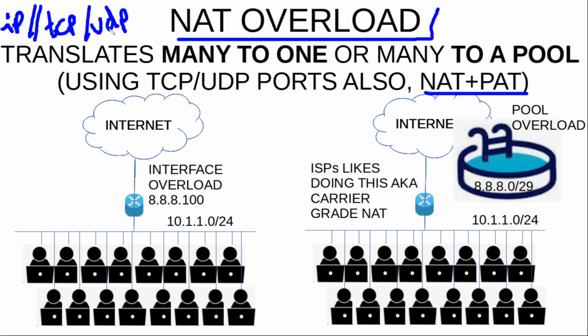And if you're not using a TCP or UDP port, for instance, if you're using ICMP, it is going to provide you with a TCP or UDP port as required. In order for this to work, it is going to work heavily with ports besides working with IP. So it is a good combination of NAT, network address translation, and PAT, port address translation.